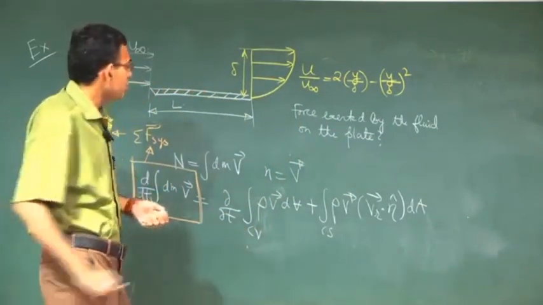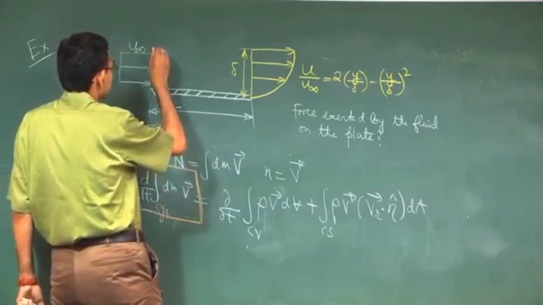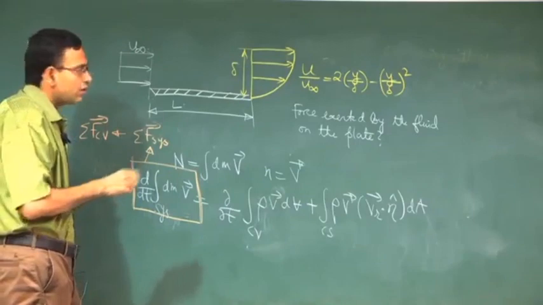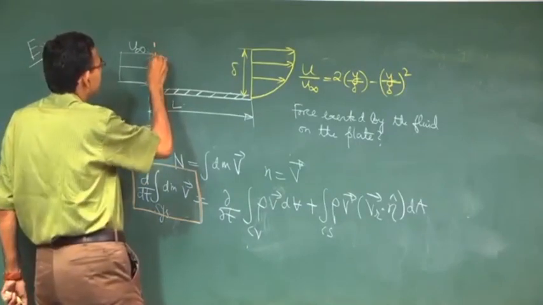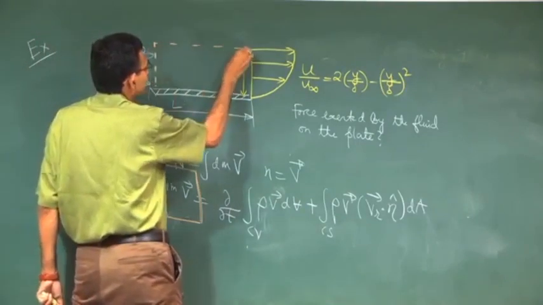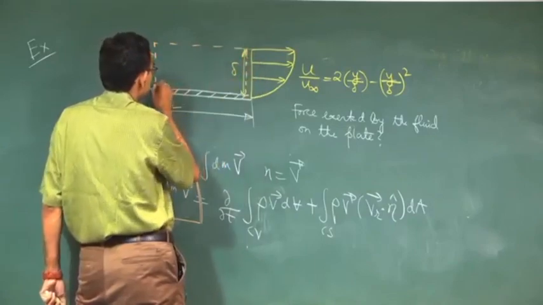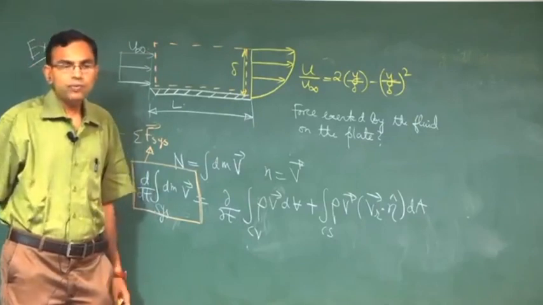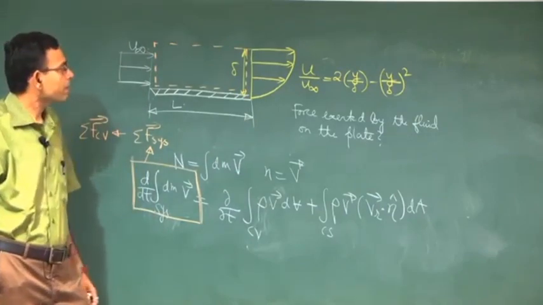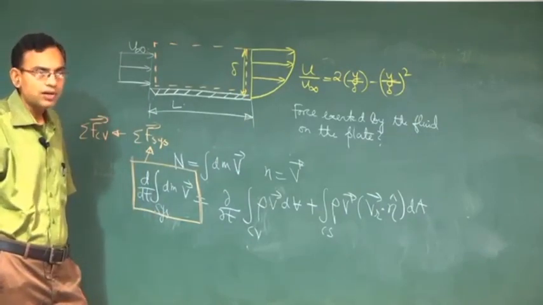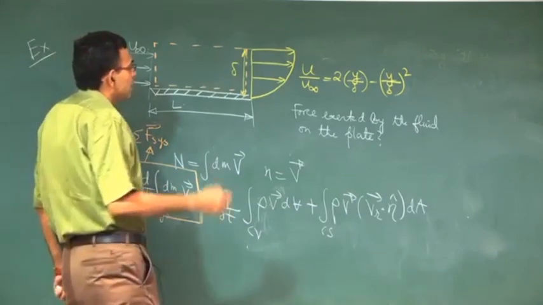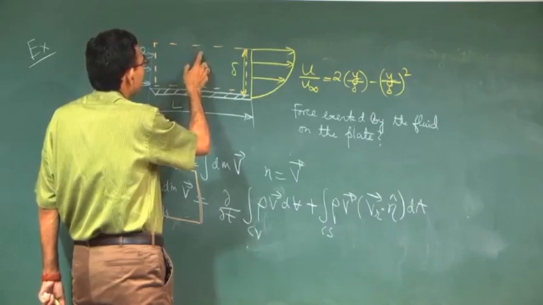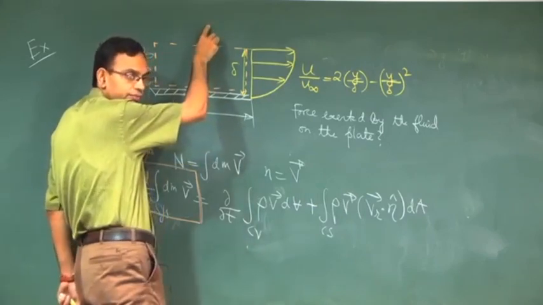Next, we will make a choice of the control volume. Let me make a clear simple choice first and see what is the demerit of this choice. If you make a choice like this, which is a rectangular box, the problem is that there is some mass flow across this also.